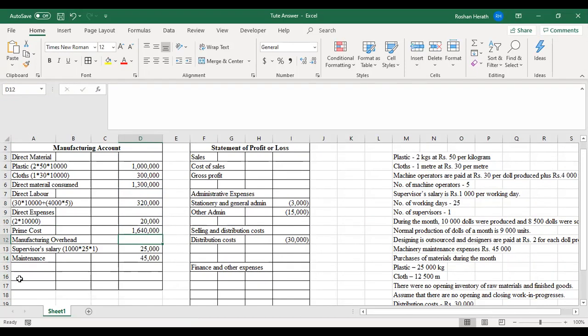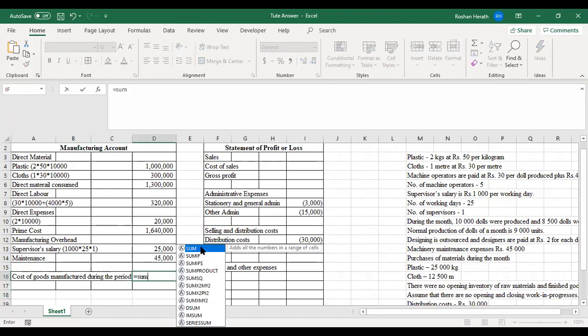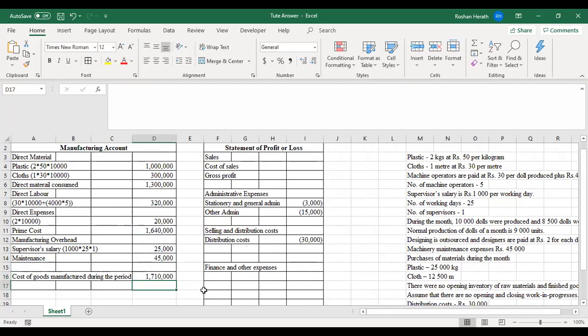Once you add the manufacturing overhead, you come up with the cost of goods manufactured during the period. How much is that? You can simply add the manufacturing overhead, and that's going to be 1,710,000, 1 million 710 thousand. Then what is this? Then make it, what do you call it?